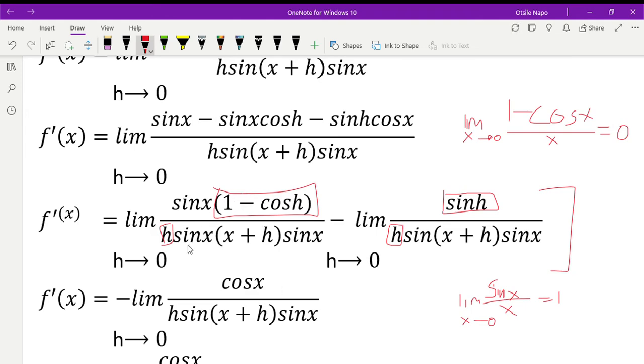Multiplying throughout here with 0 will give us 0, and dividing by 0 will actually give us 0. Therefore this entire limit will equate to 0. We'll be left with the right hand side limit only.